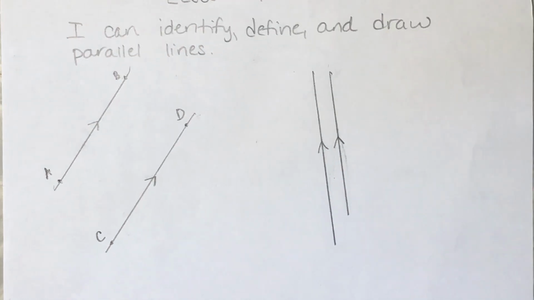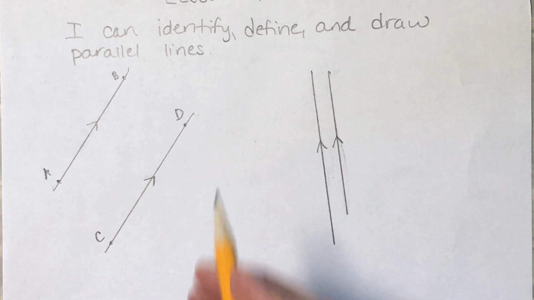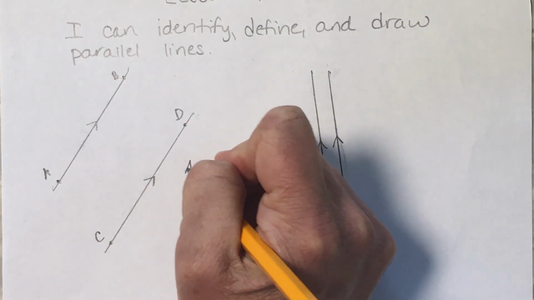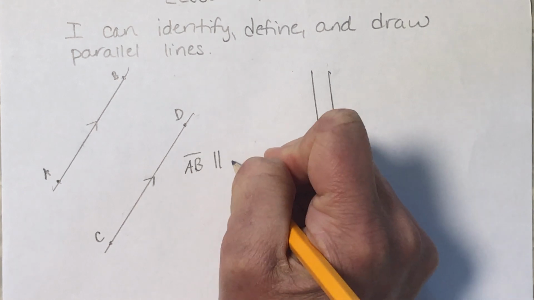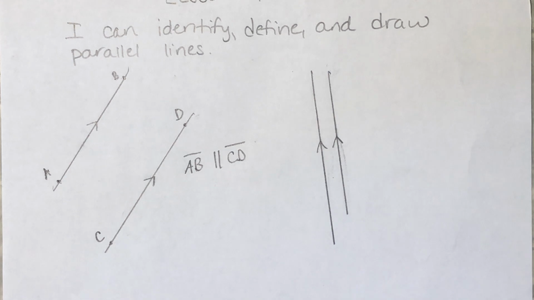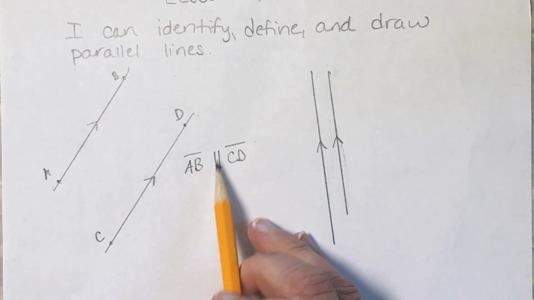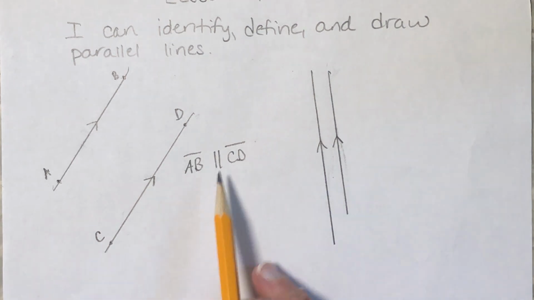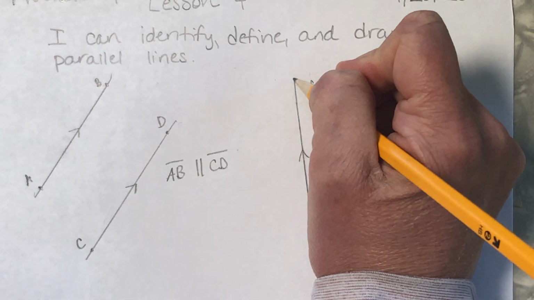And when I'm writing a geometric sentence saying that these 2 line segments are parallel, this is how I write it. Line segment AB is parallel to line segment CD. This is very similar to what we did when we did perpendicular, except the sign in between them is now showing that they're parallel.